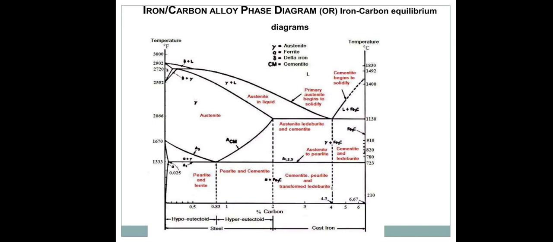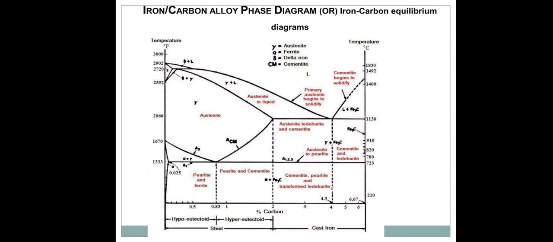Austenite is normally not stable at room temperature, mostly stable only above the critical temperature. Austenite is soft, tough, and highly ductile. Thus, it is more suitable for fabrication processes. It is also non-magnetic or paramagnetic. Austenite has a greater electrical resistance and coefficient of expansion than ferrite.